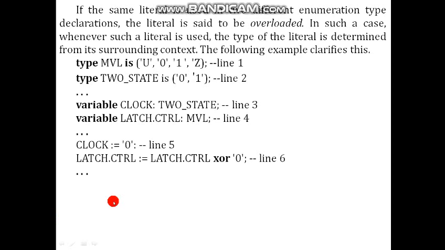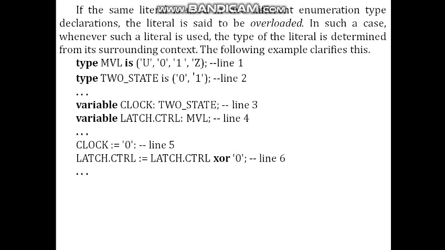Here 0 and 1 are the two literals that are overloaded, since they appear in both type MVL and two_state. The value 0 being assigned to clock refers to the literal of two_state type, since the variable clock is of that type.